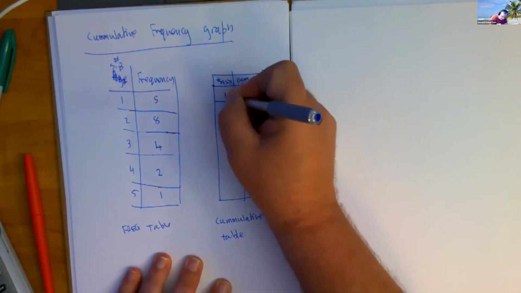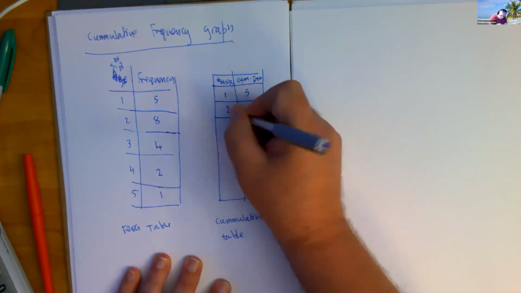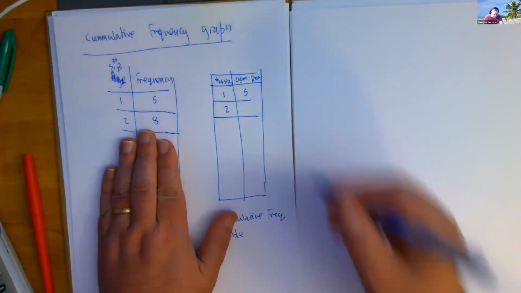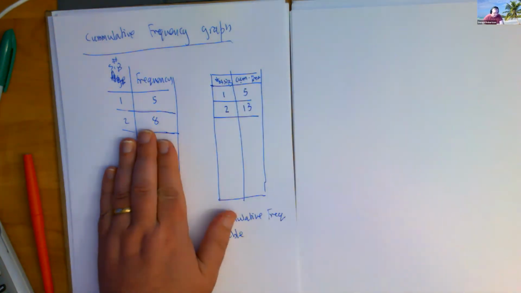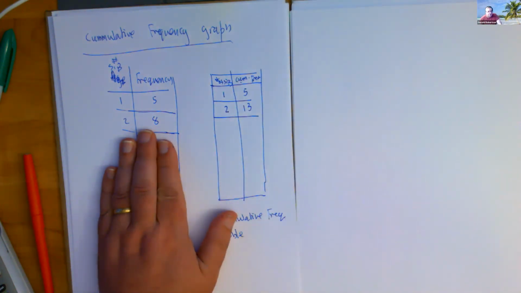So you start off with 1 and there's 5 people. Nothing special about that. You then do 2. The cumulative frequency is 13. So that 2 doesn't really mean 2, it means 2 or less siblings. And there's 13 people who had 2 or fewer siblings.